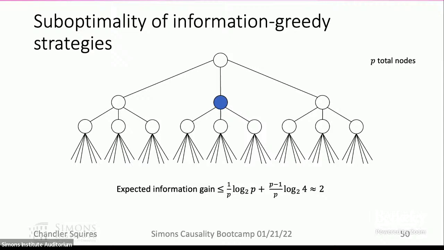That's where this first term, the log p over p, comes from. And in the rest of the cases, the root node is going to be any of the other nodes, and all I'm going to do is identify which of the subtrees it's in. So essentially, if this node is not the root node, I'll be able to identify everything downstream of it.